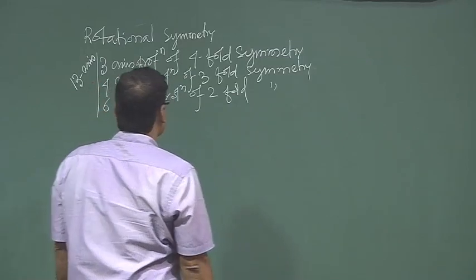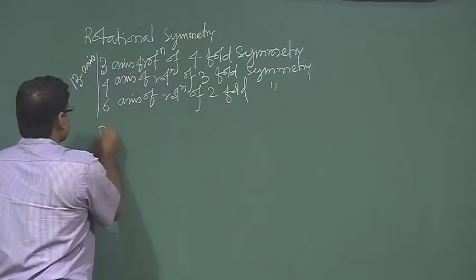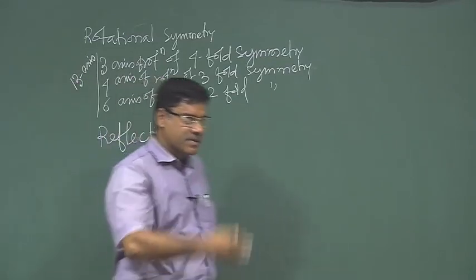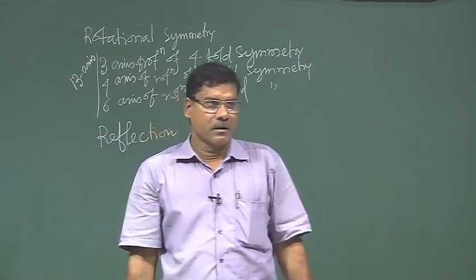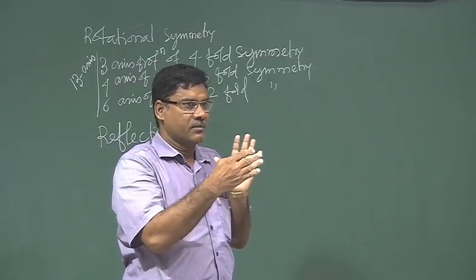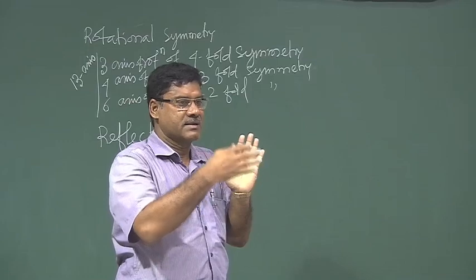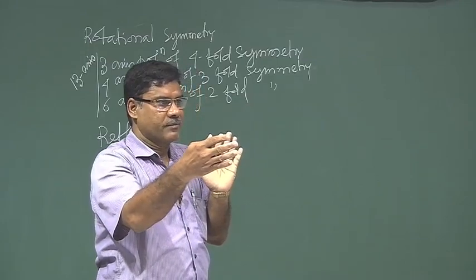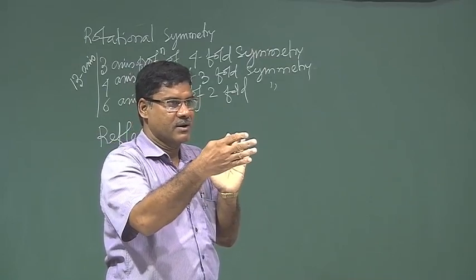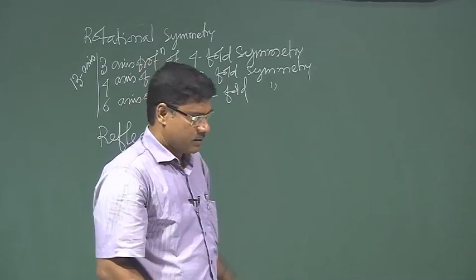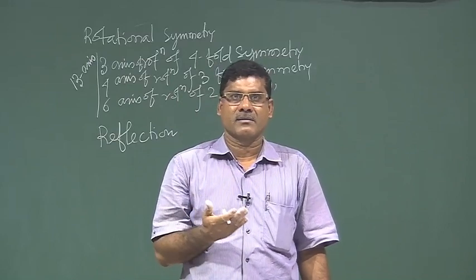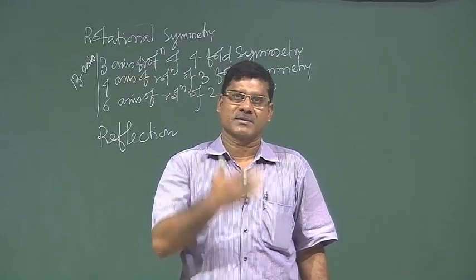And then reflection symmetry. With respect to reflection from a mirror plane of lattice points, if the reflected image exactly coincides with the other half of the crystal, then we say the crystal has reflection symmetry with respect to that plane.